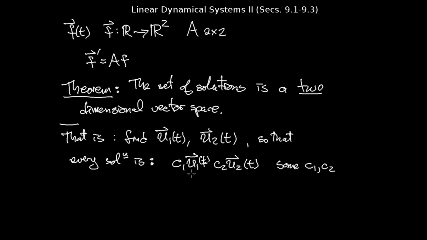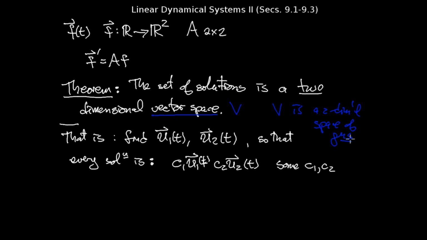We've talked about this a number of times over the course of the semester. This is a great example of an abstract vector space. This two-dimensional vector space that I'm talking about here, where does it live? Where are the vectors? Well, if I call it V, then V is a two-dimensional space of functions.